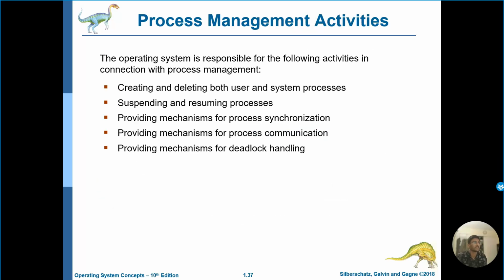Process management activities include creating processes, deleting processes, suspending them, providing mechanisms for process synchronization, communication between processes, and deadlock handling. Say the timer gets over, what do you do then? An interrupt is signaled to the process.